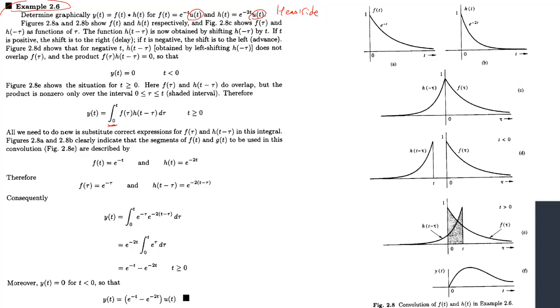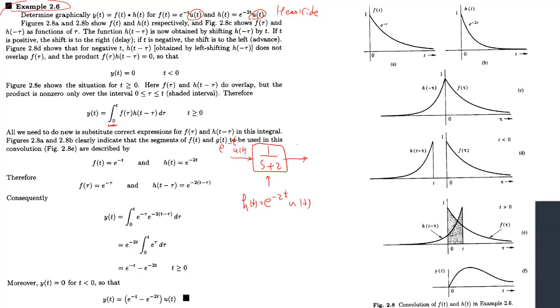Supposedly you have a system 1 over S plus 2. Remember, if I do the inverse Laplace transform, it's e to the power of minus 2t u(t), right? So this is my h of t. Then I put an input here: e to the power of minus t u(t).